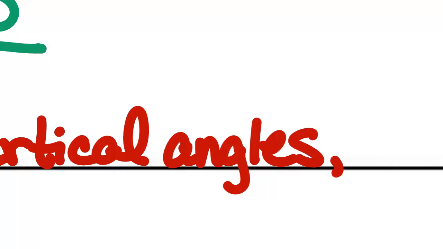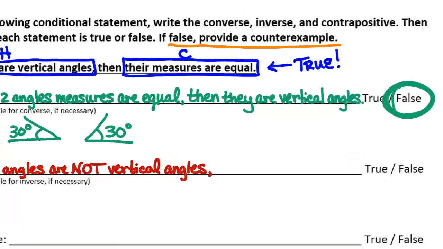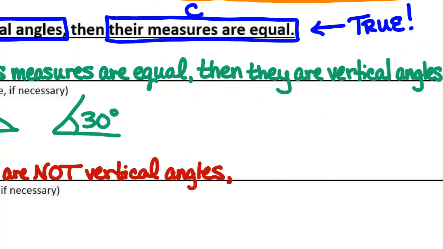And I have to put a not with my conclusion also. So instead of then their measures are equal, I'm going to say then their measures are not equal.